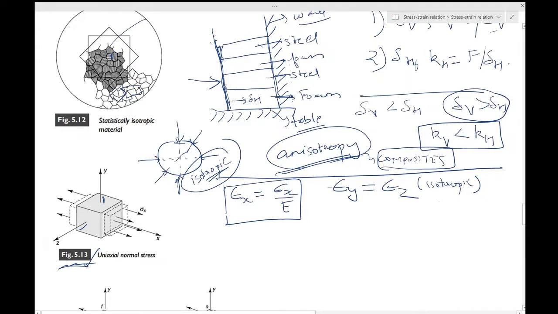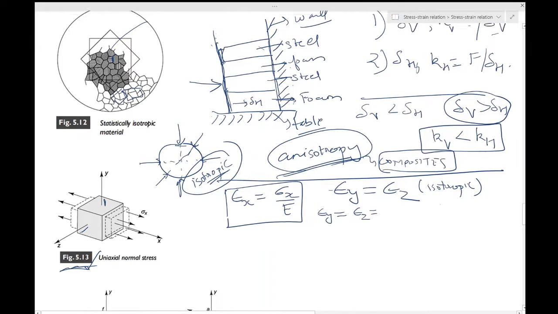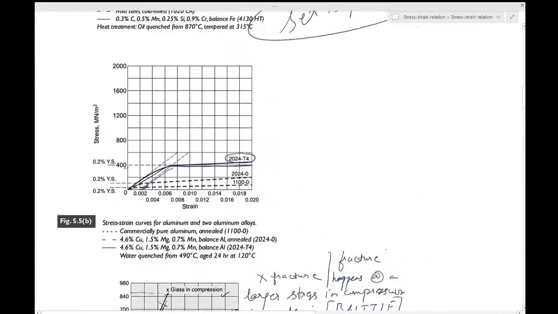Okay, so once that is figured out, you can write epsilon y is equal to epsilon z. And oh, I'm sorry, I should make one correction over here.